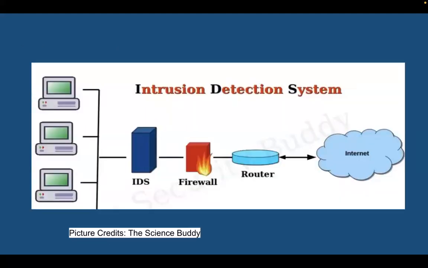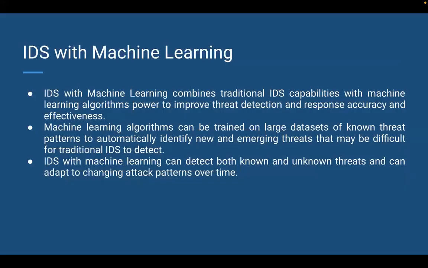Here we can see the host system is connected to the internet via a router, and there is a firewall and IDS in between. As I said earlier, the firewall monitors incoming and outgoing network traffic and the IDS is used for detecting unauthorized intrusions into computer systems and networks.